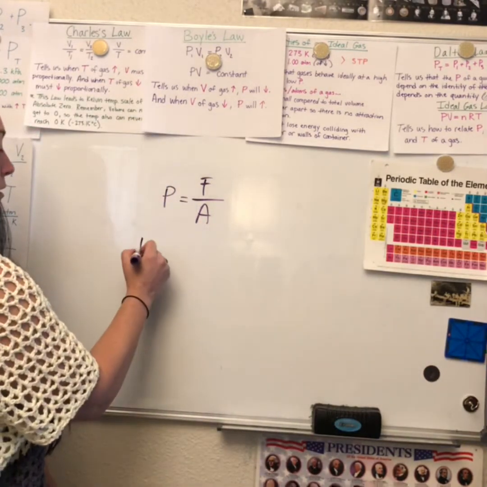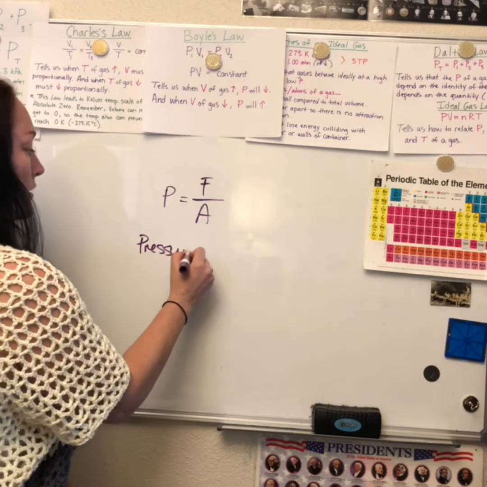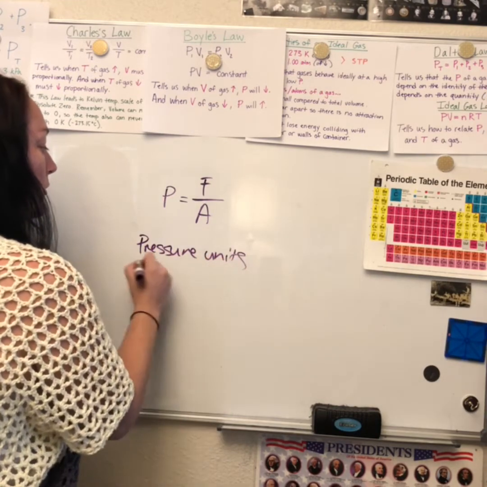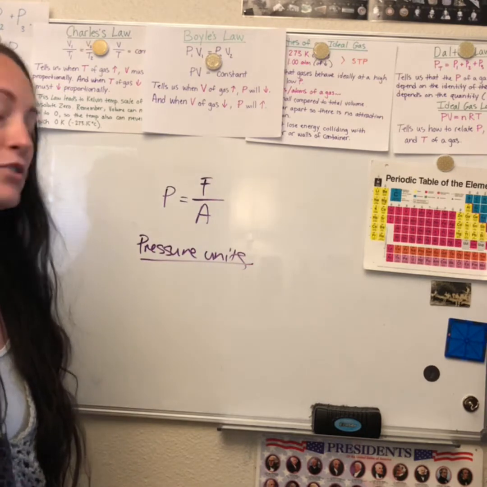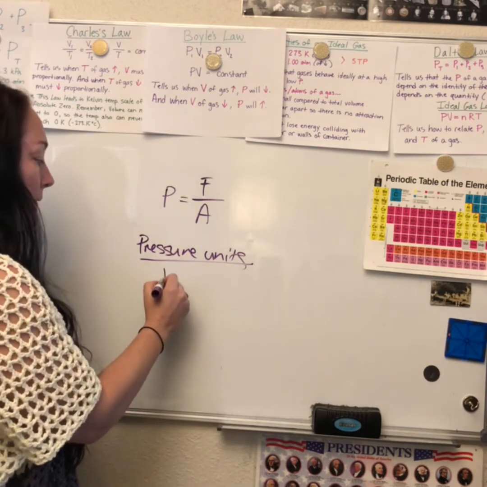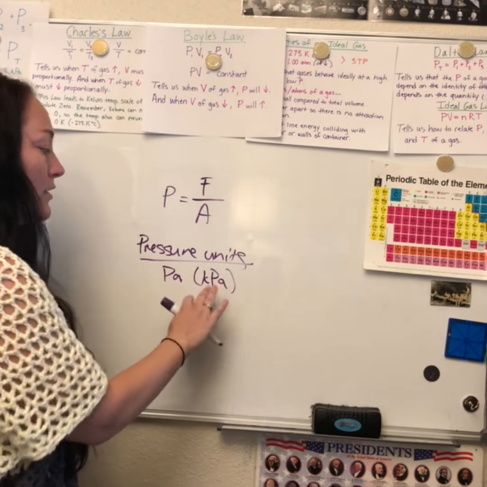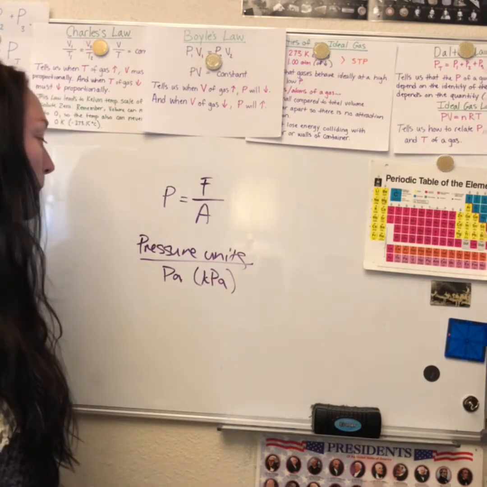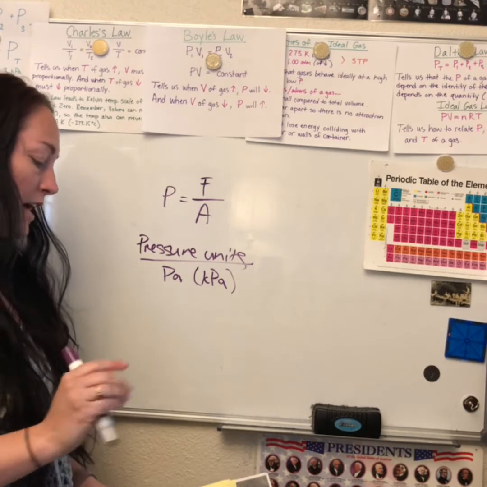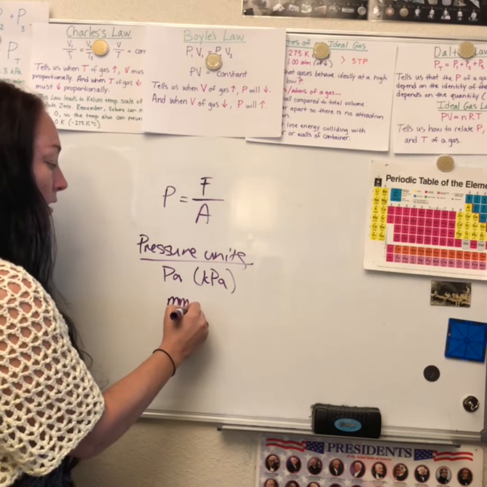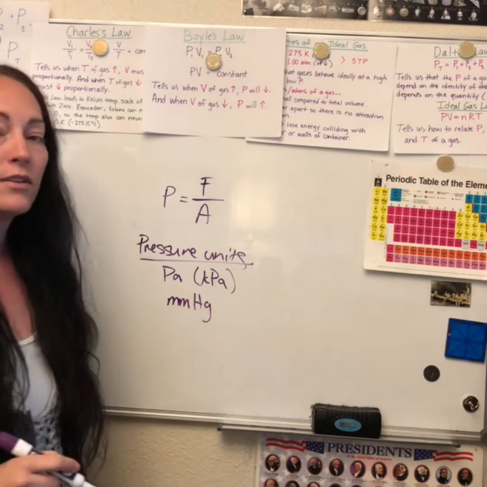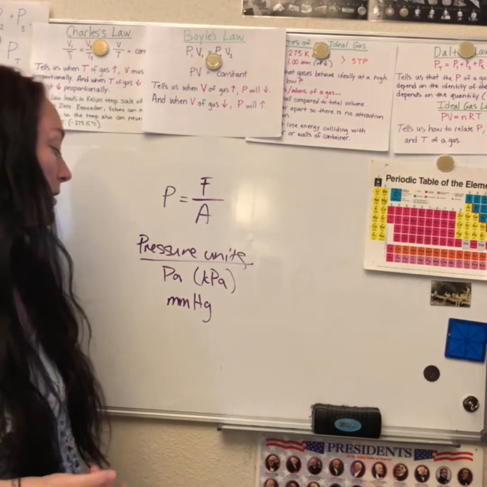So pressure units. And we've dealt with several this module. The first one is going to be the Pascal or the kilopascal. Okay, they're really the same unit, one's just bigger. All right, so that's the first one. The next one is going to be millimeters mercury, so little m, Hg for mercury.